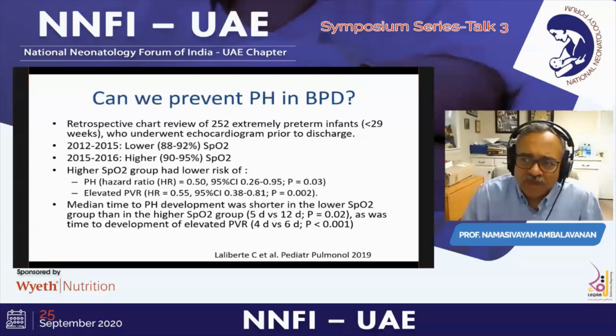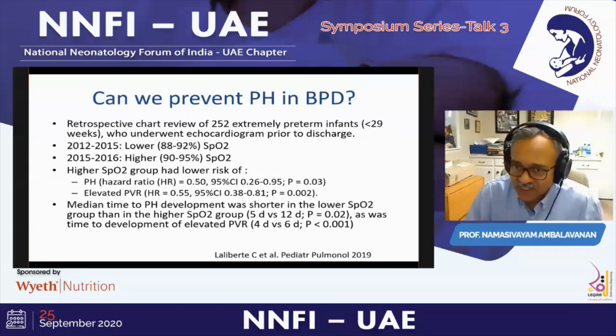So can we actually prevent pulmonary hypertension in the setting of BPD? This was a recent retrospective chart review of 252 extremely preterm infants who underwent echocardiogram prior to discharge. From 2012 to 2015, they used a lower saturation limit of SpO2, that is 88 to 92%.